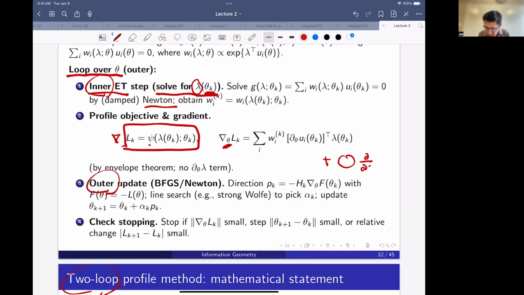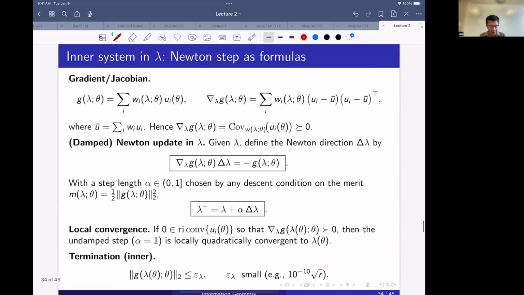Because lambda, there's a two component, right? So you can differentiate theta, and how about the other one? That turns out to be zero. That is called the envelope theorem. So I made an appendix.